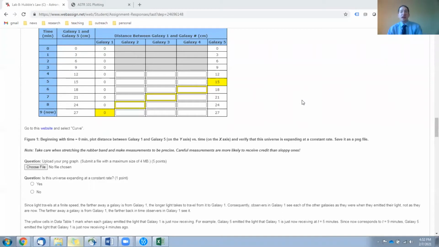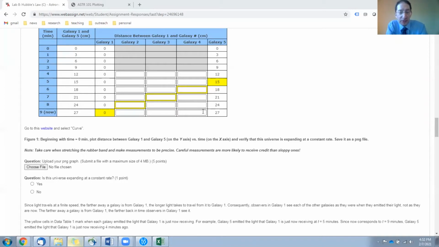And we can read both of these off of this table. The yellow boxes correspond to how far away these galaxies were from galaxy 1 when they emitted the light galaxy 1 is just now receiving. At that point in time, they were closer together. And this bottom row shows how far apart the galaxies are now.